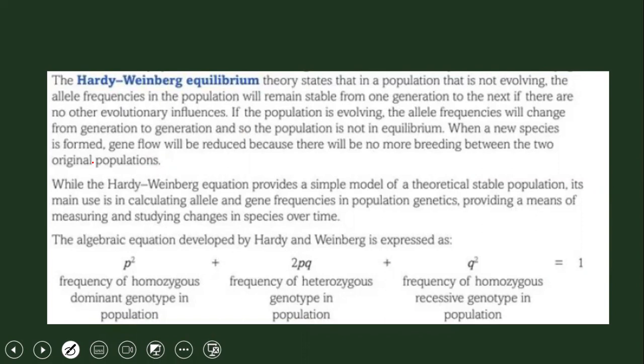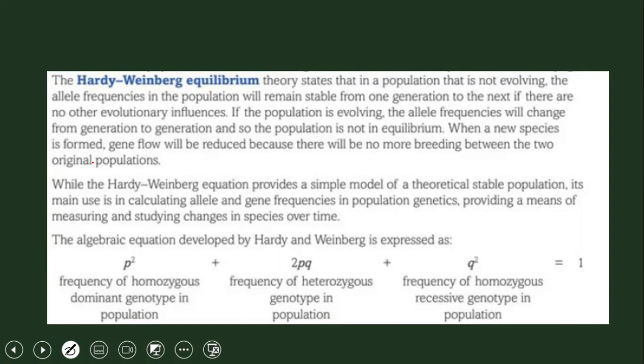The amount of change that takes place in the frequency of alleles in a population indicates whether the population is stable or evolving, right? If the frequency of allele is changing, that would give you the idea that the population is still evolving. It's not yet done evolving.